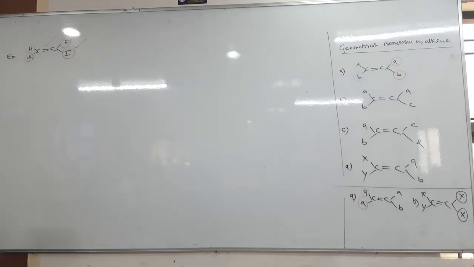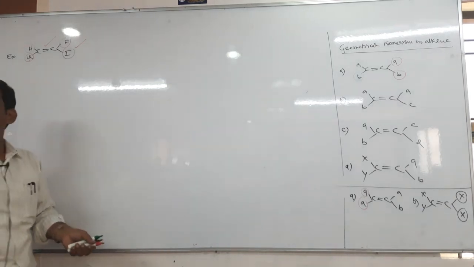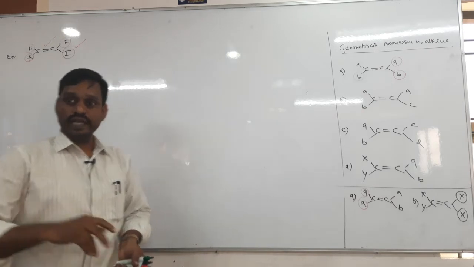Next. So this is how geometrical isomerism works in alkenes.